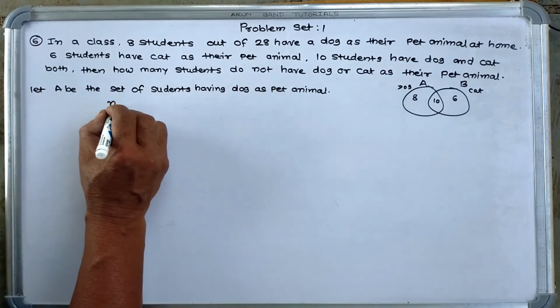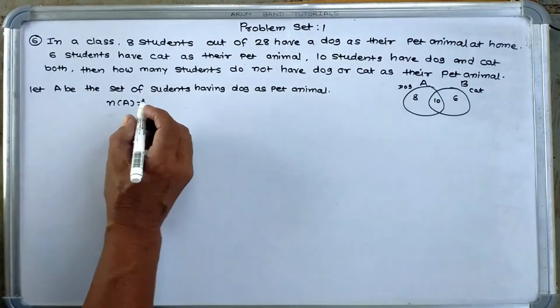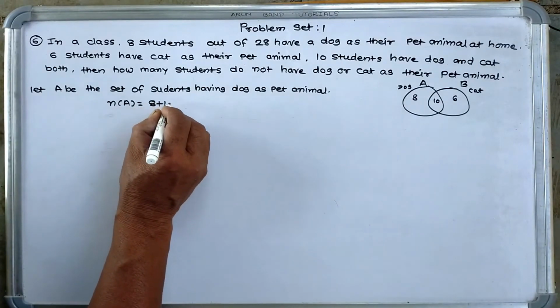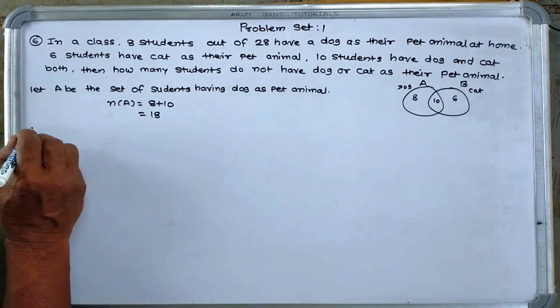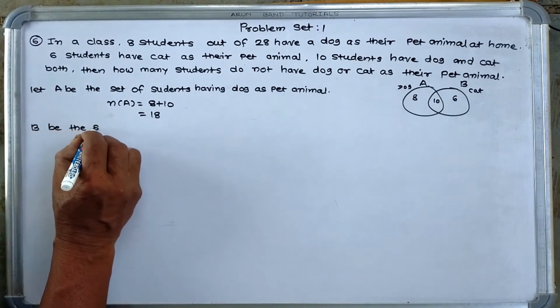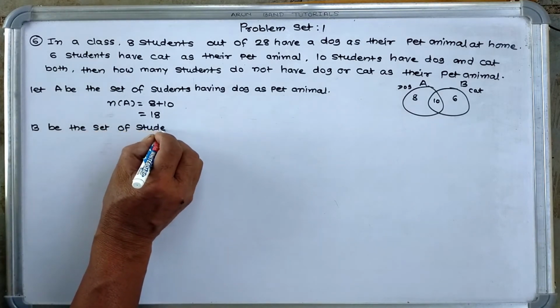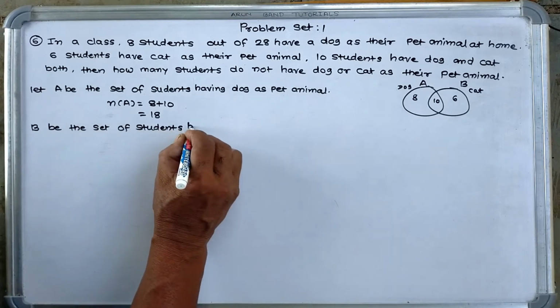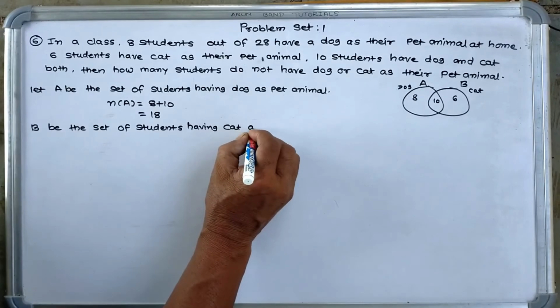So here n of A will be equal to 8 plus 10, so this will be 18. Then let B be the set of students having cat as pet animal.